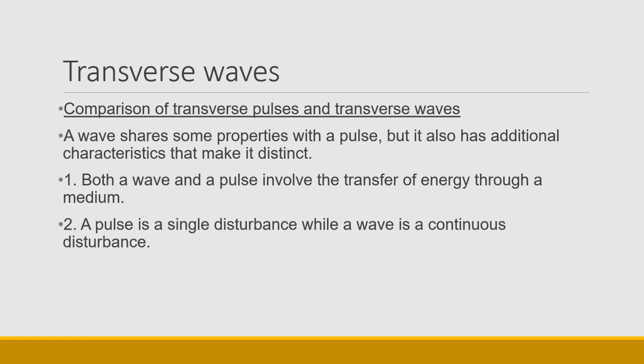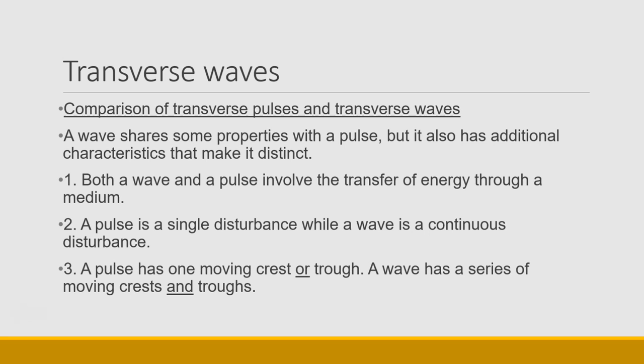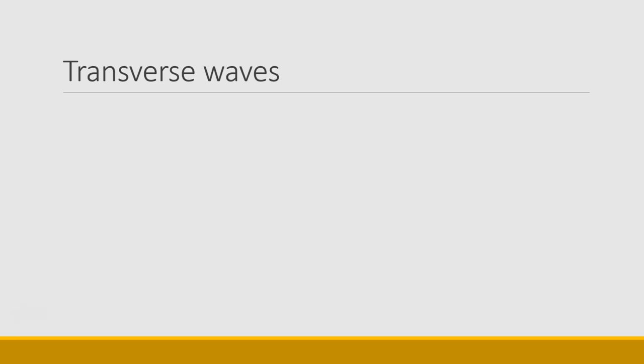We know that a pulse is a single disturbance while a wave is a continuous series of disturbances. A pulse has one crest or one trough, while a wave has a series of crests and troughs.